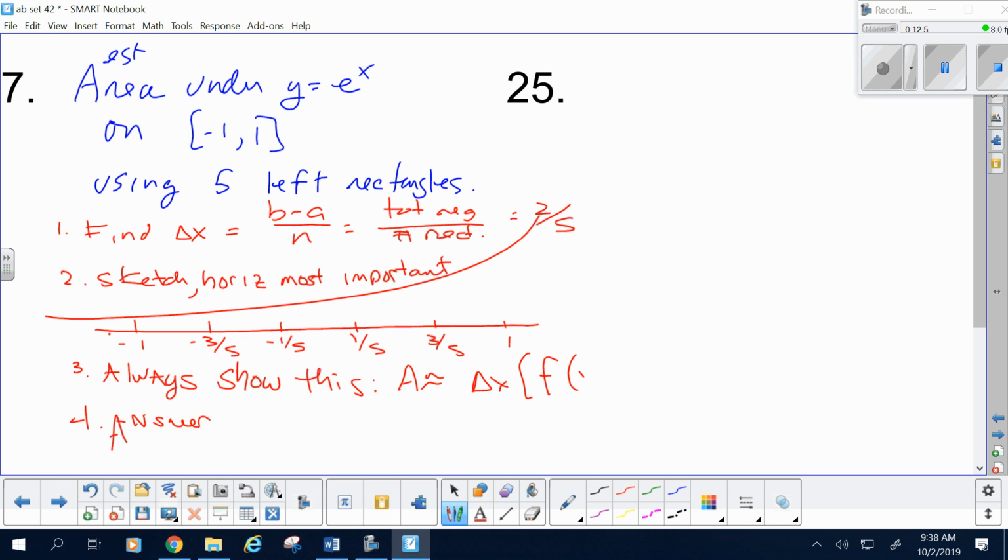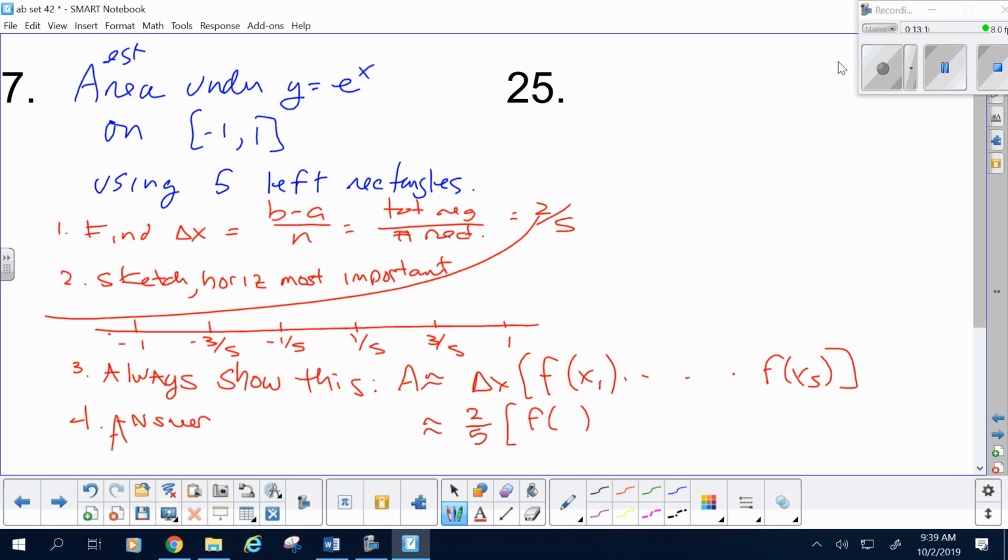So this is nice background, but what I absolutely have to see is a factored out delta x. So what is delta x? 2/5, and I need to see at what x values you made your heights. So if we're using left, this communicates to me whether you know left, right, or midpoint, right?